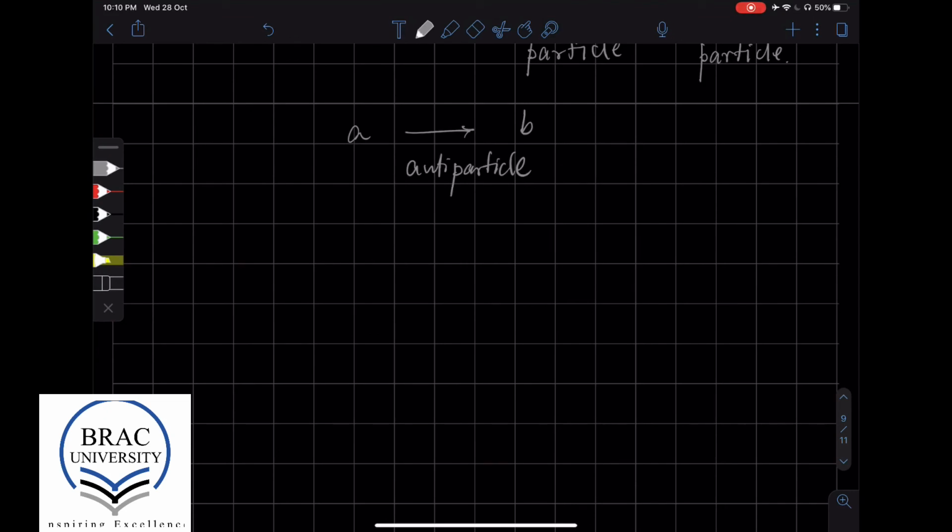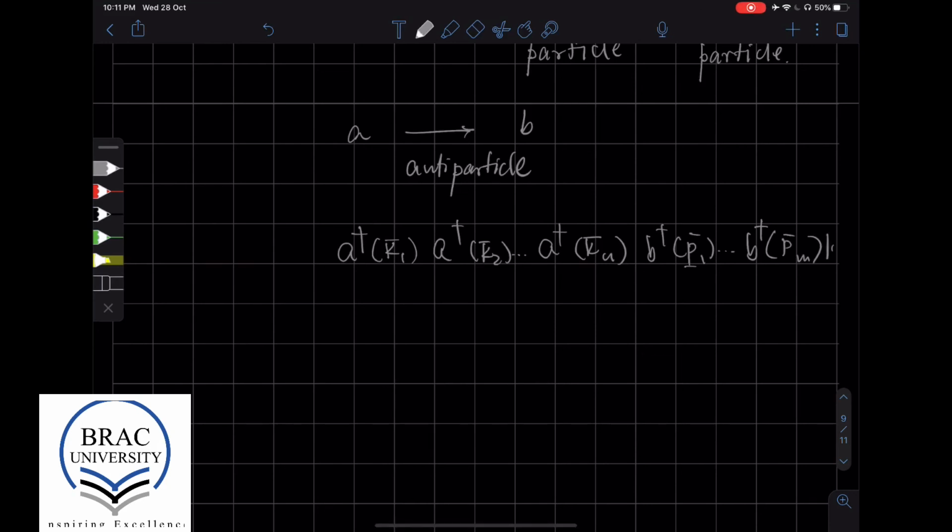Similar to the real scalar field, if we apply the a dagger operator a bunch of times, and the b dagger operator also a bunch of times, say a dagger is applied n times and b dagger is applied m times on the vacuum, then we get a state which has n of the a particles and m of the b particles.